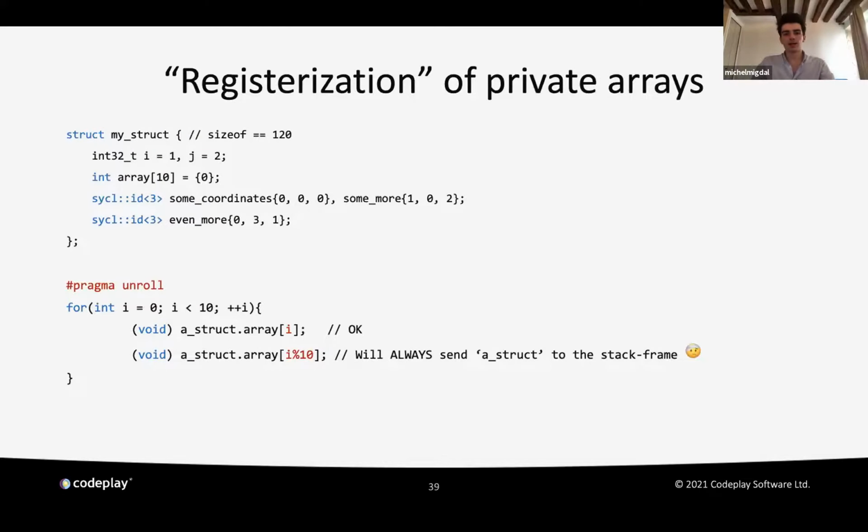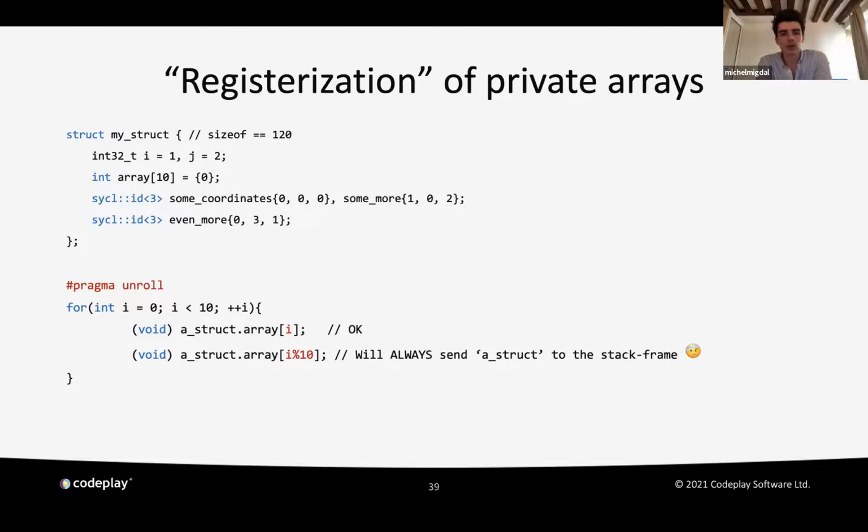And I would say the biggest issue I had lately is something that is not a word that exists in the language: registerization. It is the fact that on GPUs you don't have an on-chip stack. The stack is in the global memory, and you are accessing it like any global memory, with latencies.